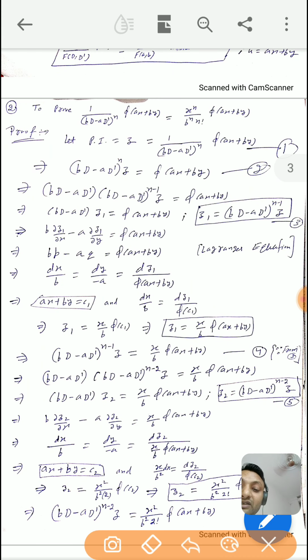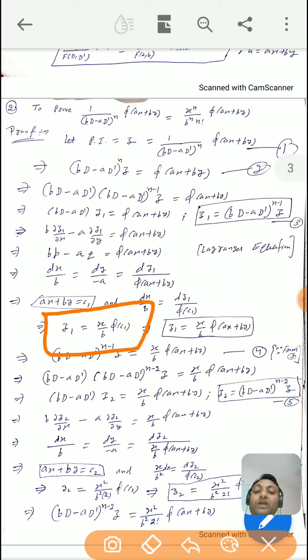we get z1 is equal to x upon b phi of c1. We will not add any constant in this equation, because if we add a constant here then we will find the general solution, but we are now searching for the particular integral only, we are not searching for the general solution.